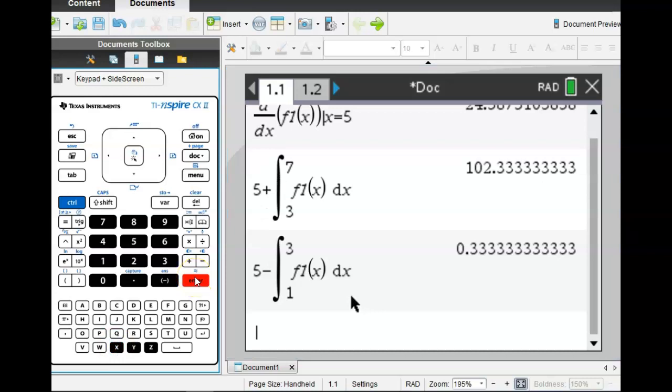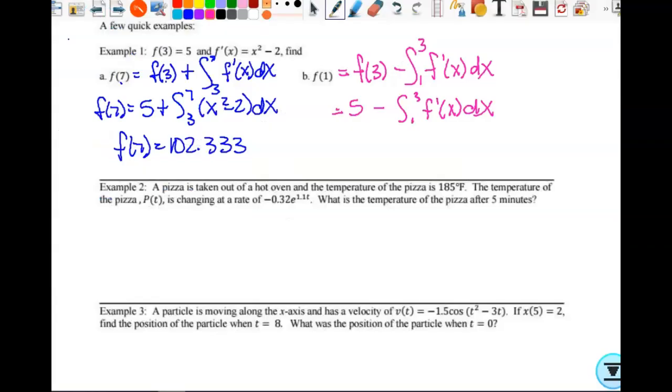I got 0.33333. Is that what y'all got? So f of 1 is 0.333.